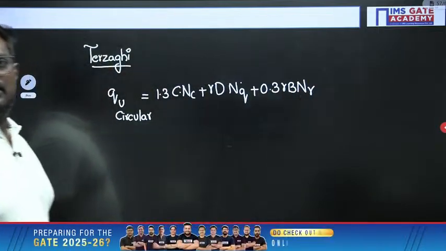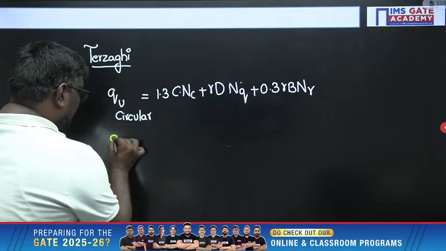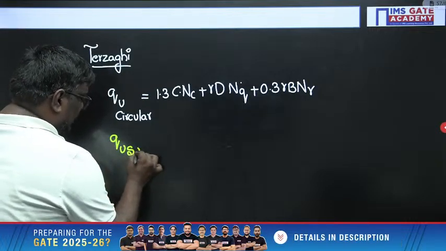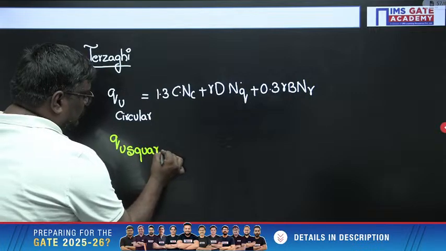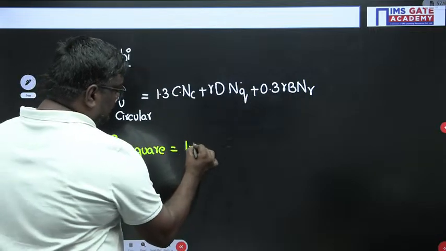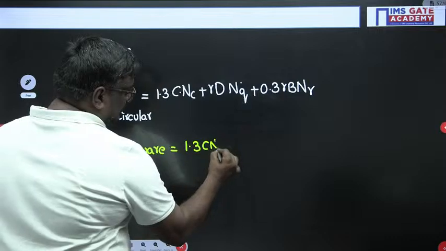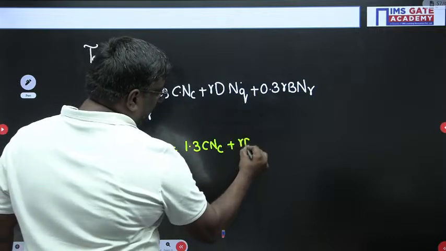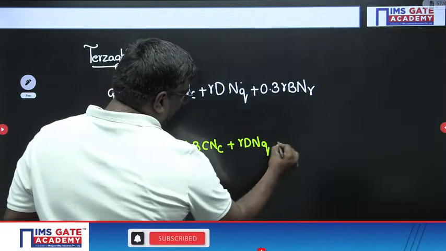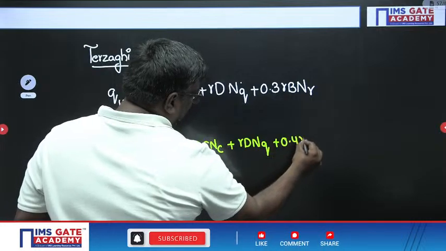Sir, similarly they can ask you for a square. The ultimate bearing capacity for square is 1.3 CNC plus gamma D NQ plus 0.4 gamma B N gamma.